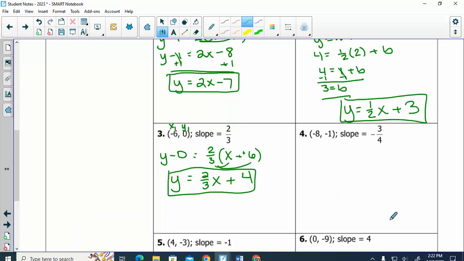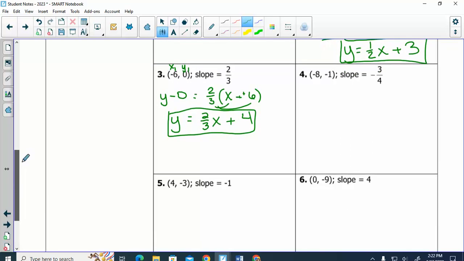Alright, why don't you guys try the next one? Let's see where we're at. Our x1 is the -8. The y1 is the -1. And our m is the -3/4. So we have y minus -1 equals -3/4 times x minus -8. Minus a negative makes plus.